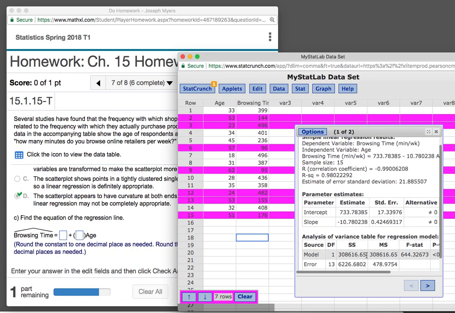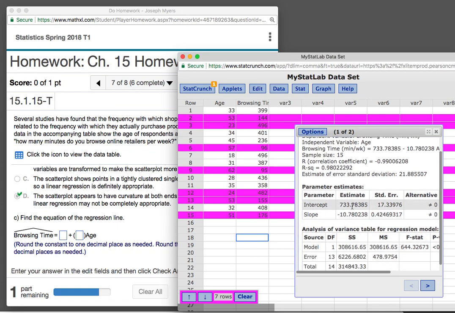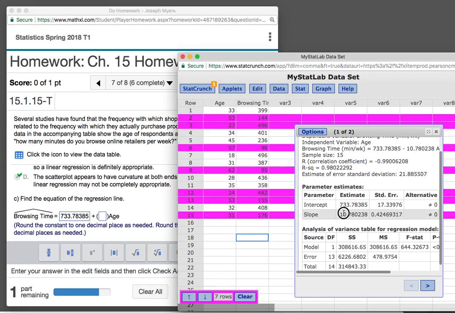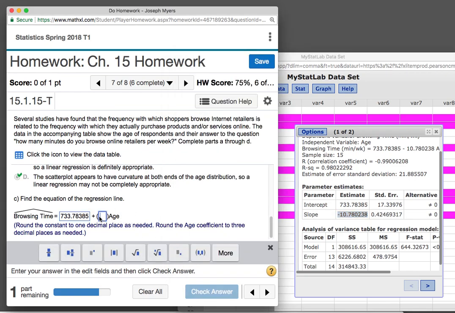So the intercept is called B0, that's right there. And then the slope is called B1, it's right there. And then I'll round those off to 1 decimal place. So 0.7 rounds up to 0.8. Negative 10.78 rounds down to negative 10.8.